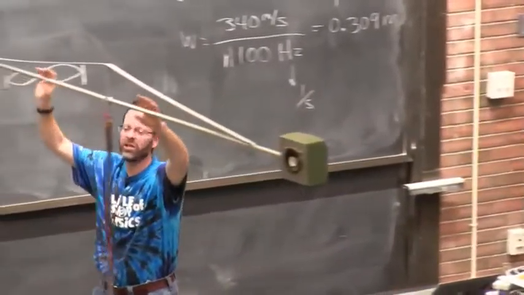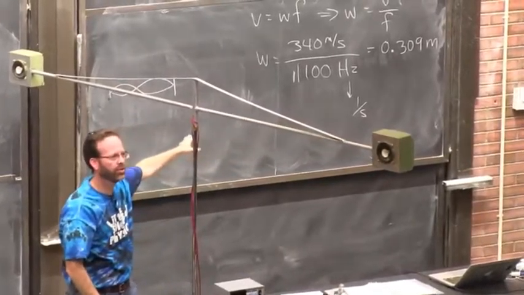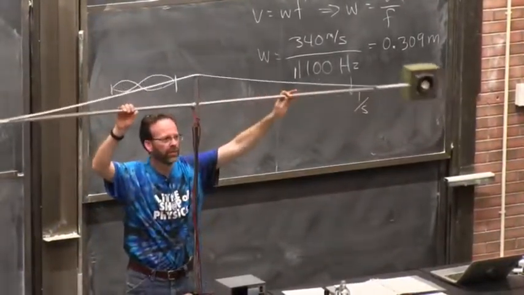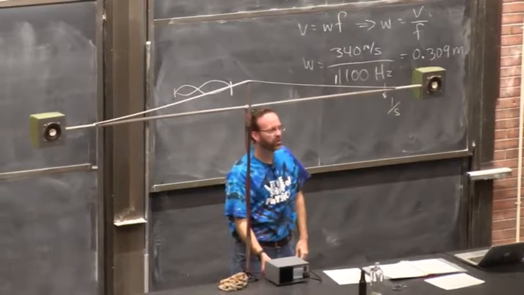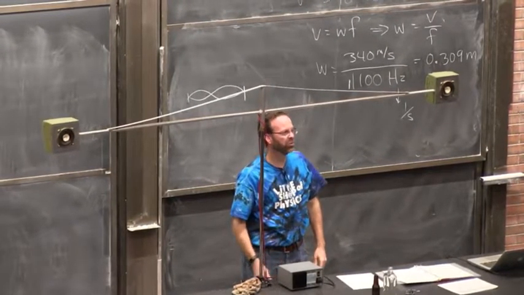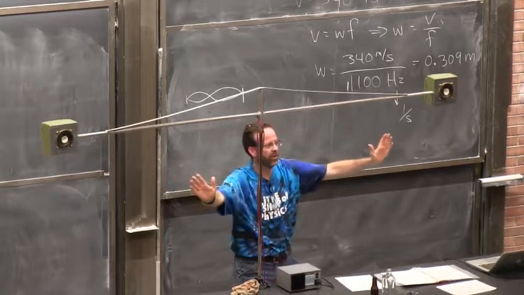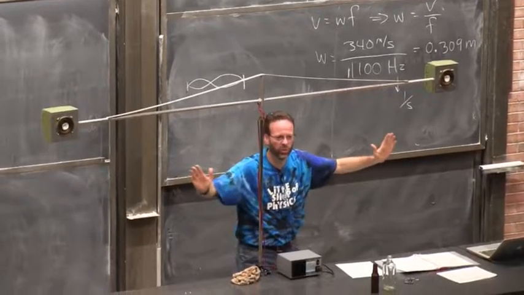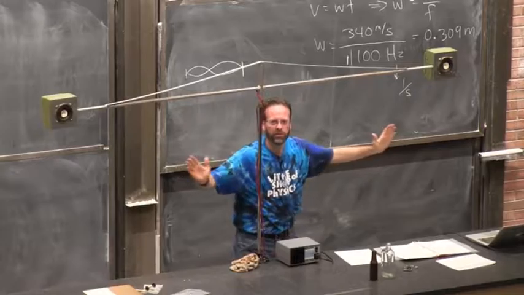And that's coming from each speaker. Questions about that procedure? But these are in 2 different spots. They're in phase with each other. They're both going in and out. The speakers have to physically move. So they're in phase.